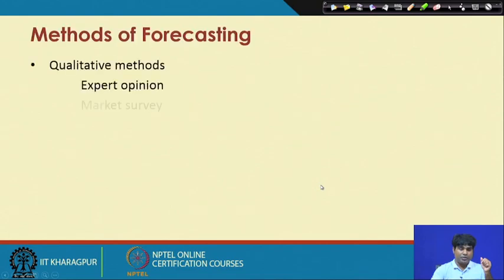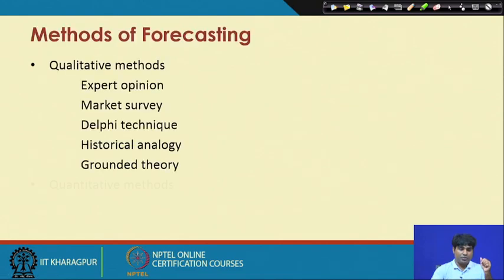So, suppose we all together get to know the kind of forecasting in the context of data structure, but ultimately how the forecasting is done depends upon the kind of methods and the kind of problem structure.